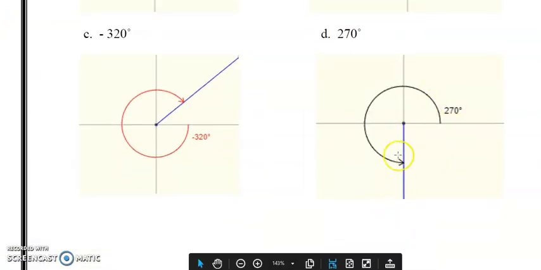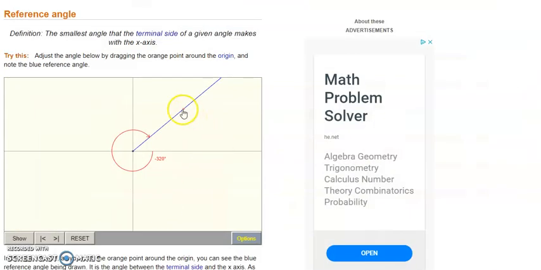270 is directly on the negative y-axis. I'll show you that. So back that around to 270, right there. So remember, your 0, 90, 180, 270, back to 360 will always be on the x and y-axis, right?